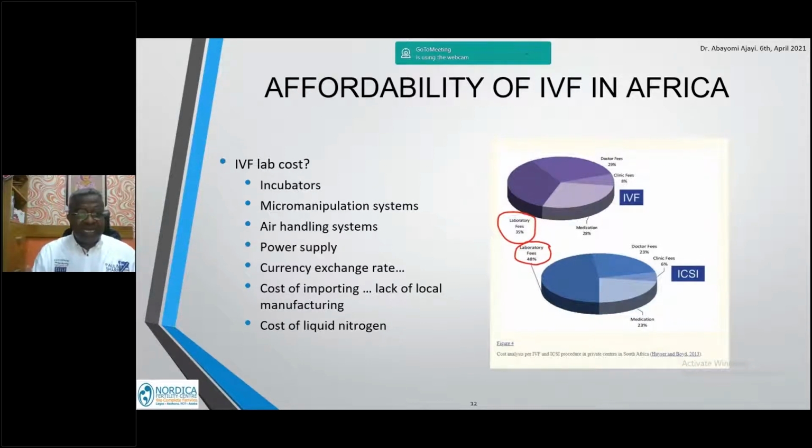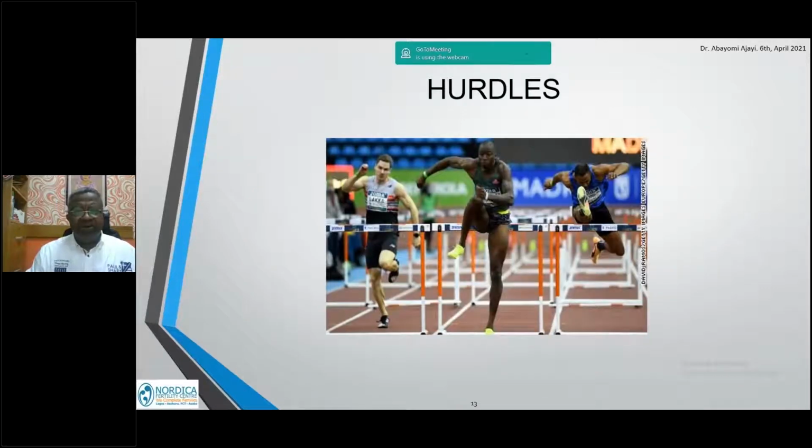I know that's a change that's happening all over the world, but it seems to be very, very pronounced in Africa. Then we look at the cost of setting up a laboratory: the incubators, the micromanipulation system, air handling system, the power supply. Of course, currency exchange rate is not helping us at all. And then, of course, other things like liquid nitrogen are also something that we need to look at.